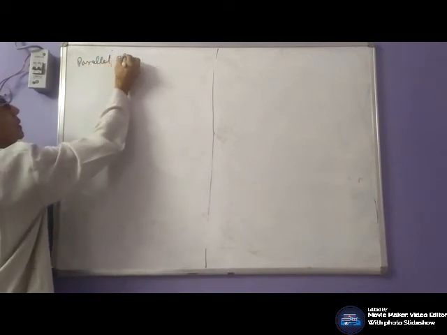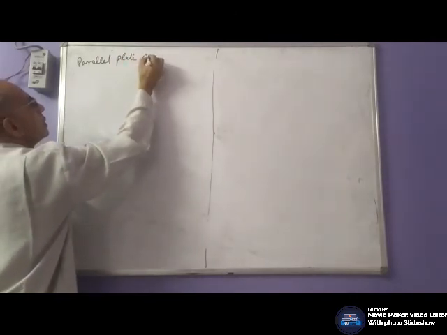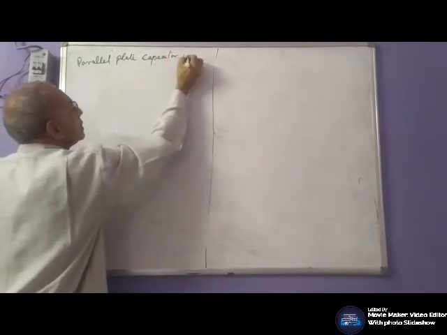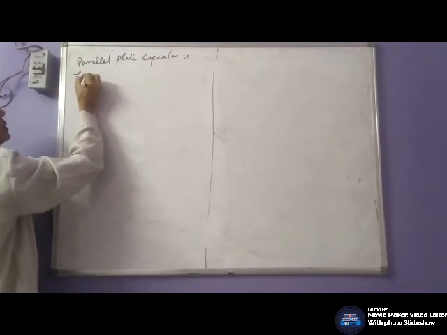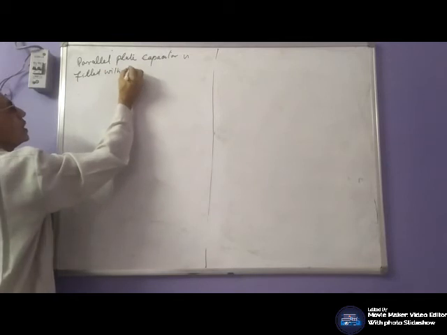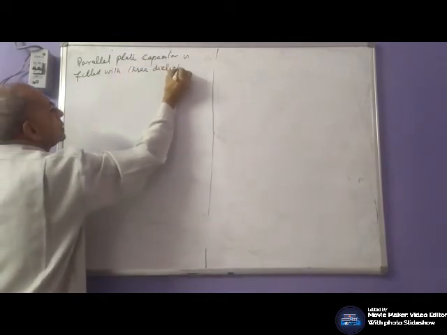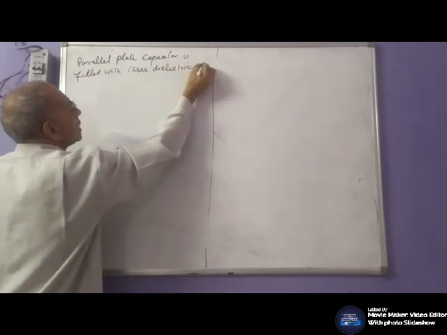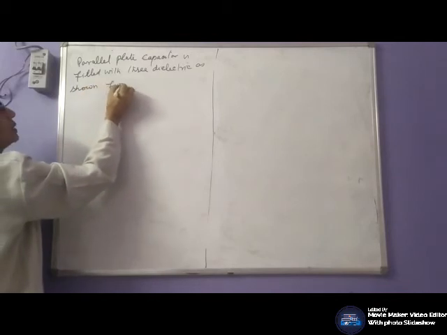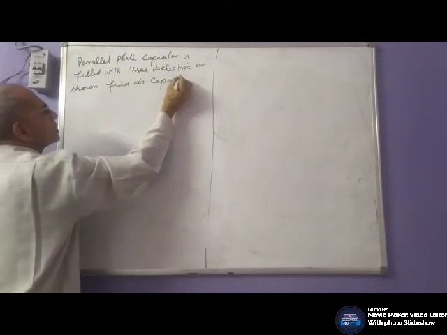Parallel plate capacitor is filled with 3 dielectrics as shown. Find its capacity.